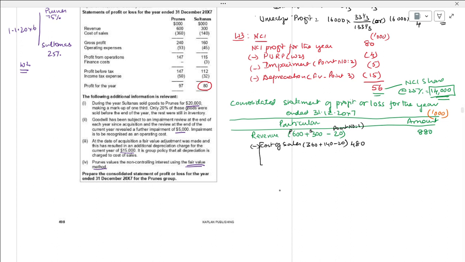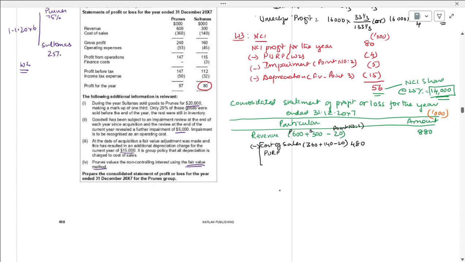We have to take into consideration the unrealized profit. Unrealized profit we have to deduct. Fine. How much is the unrealized profit? Portion of unrealized profit.